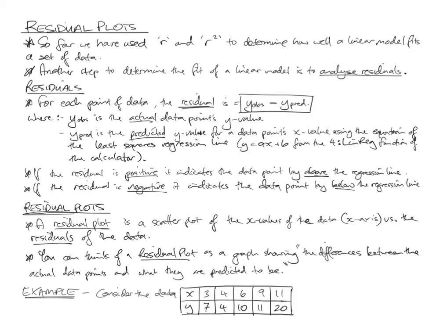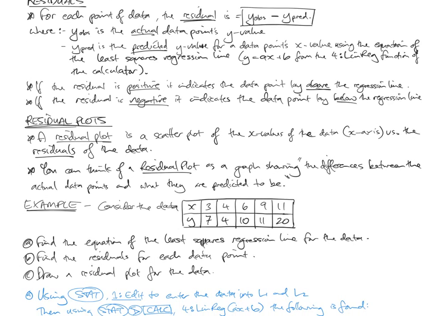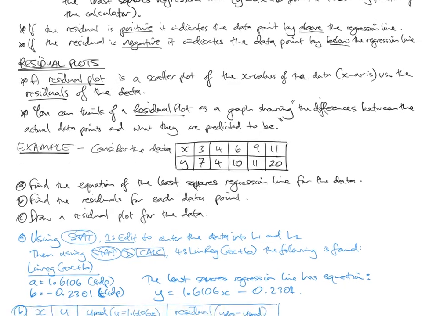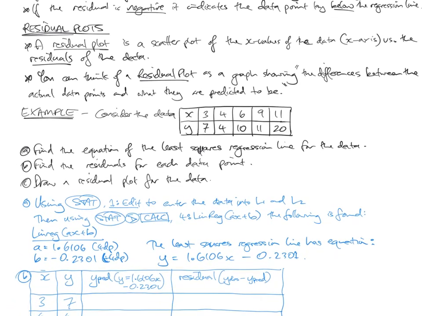Now that we've talked about what a residual is, the thing that we're going to be looking at is residual plots. This is going to offer us a way to analyze the residuals and tell whether a linear relationship is applicable to the data. A residual plot is a scatter plot of the x values of the data versus the residuals that you found for the data.